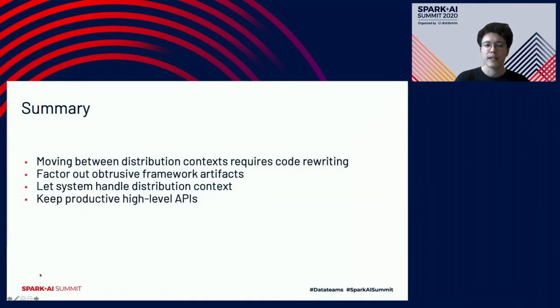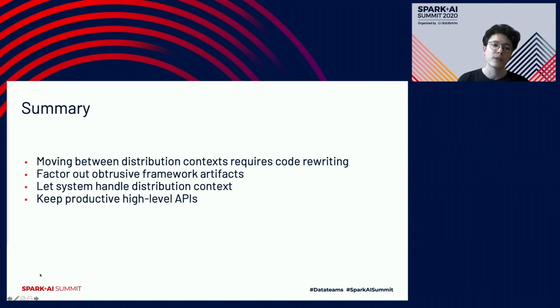To summarize, what we've shown is that moving between the different distribution contexts actually requires code to be rewritten. But what we want to do is factor out these obtrusive framework artifacts, such that we really keep only the pure Python code of the model definition.